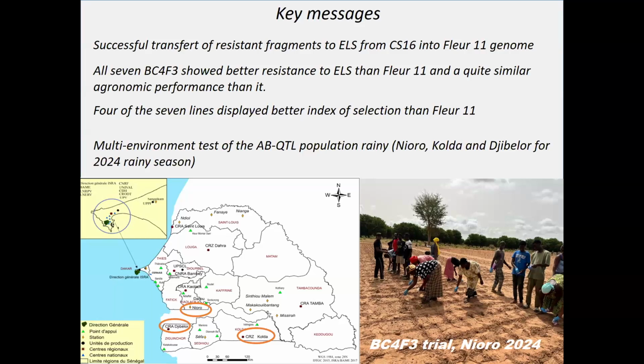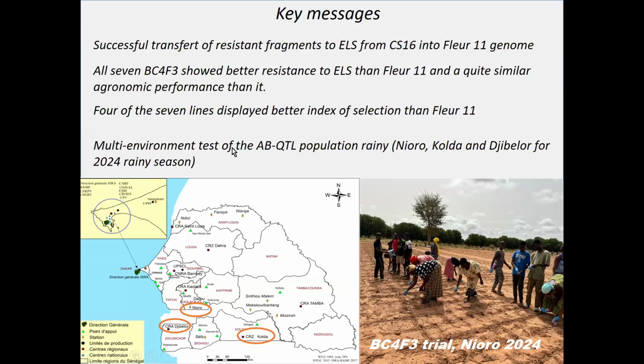And 4 of the 7 lines showed a great index of selection compared to flower 11, meaning that these lines may replace flower 11 in the zone infected by early leaf spot.